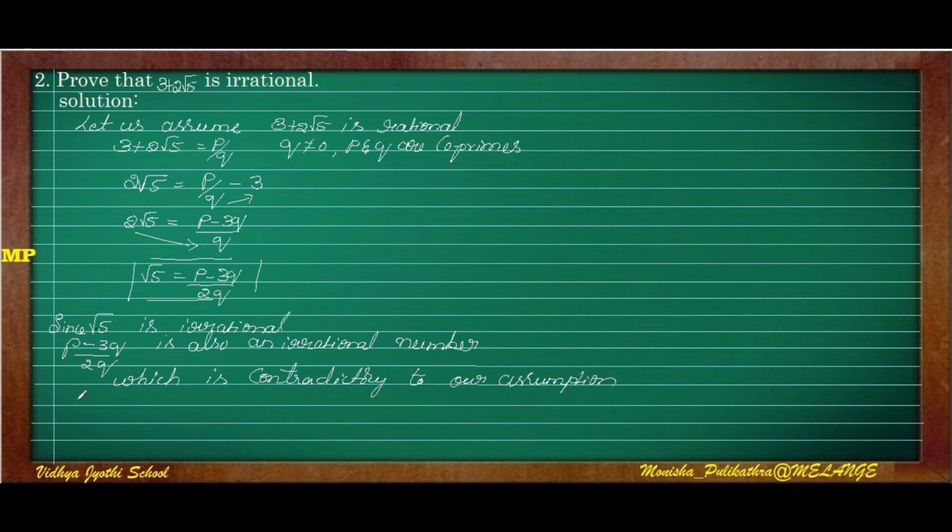So therefore we have to write it as: therefore 3 plus 2 root 5 is an irrational number.